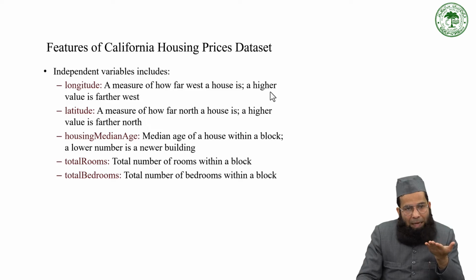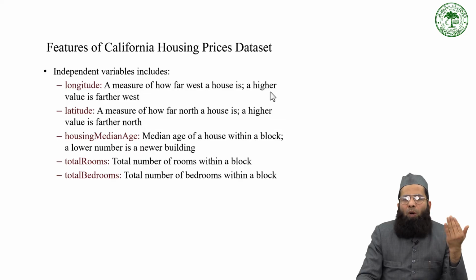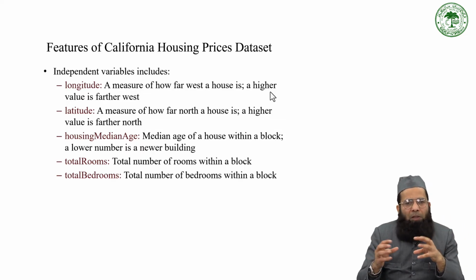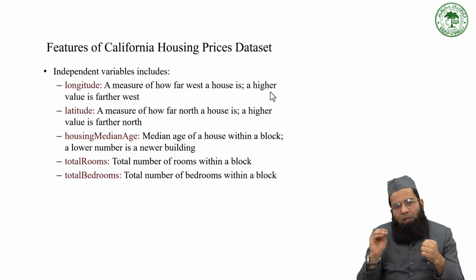And these are the independent variables. Longitude, a measure of how far west a house is; a higher value is farther west. Similarly, it has a latitude value. Housing median age, the median age of a house within a block; a lower number is a newer building. So if a block contains a lower value, it means it is a newer building.